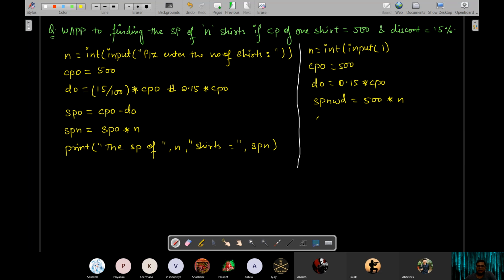Then you can write discount on n shirts is equals to discount on 1 multiplied by n, and then selling price of n shirts, total selling price of n shirts will be equals to selling price of n shirts without discount minus discount on n shirts. सही किया ना मैंने? कहीं गलत तो नहीं लिखा? प्रिंट, इसको फॉर्मेटिंग कर लेना.